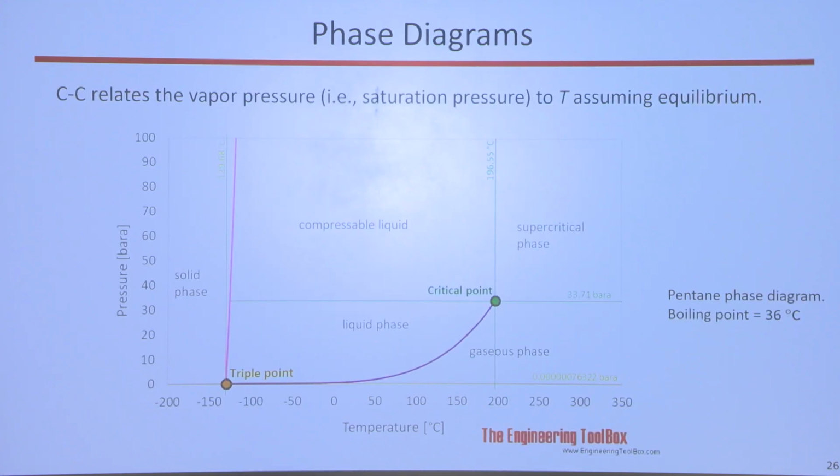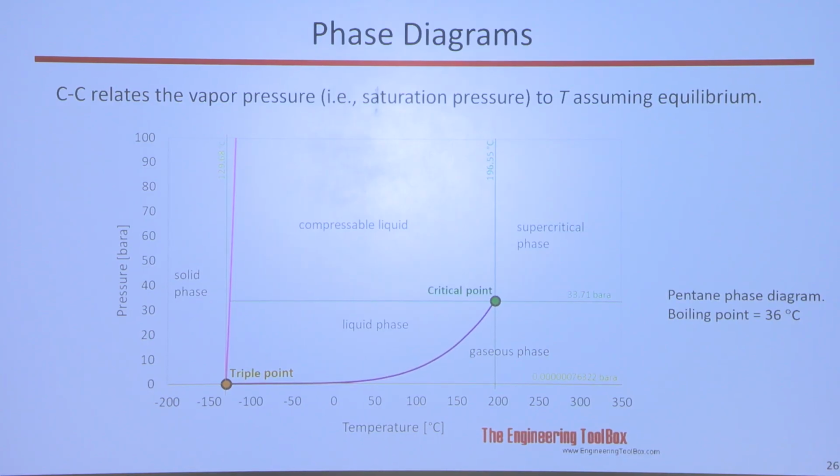First, let me show, though, a phase diagram. Phase diagrams exist for lots of different liquids. For example, this is the phase diagram for pentane, and it's a plot of temperature versus the partial pressure. That blue line separates a liquid phase and a gaseous phase, and it is the saturated liquid condition.